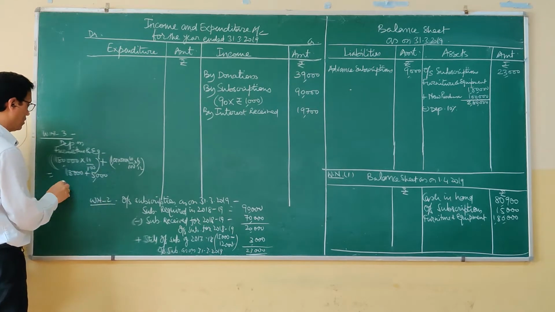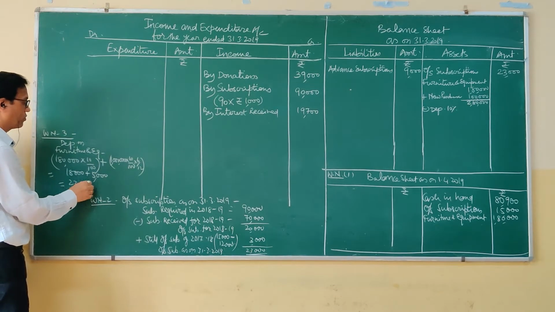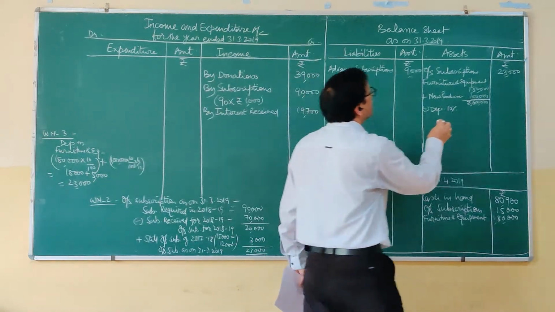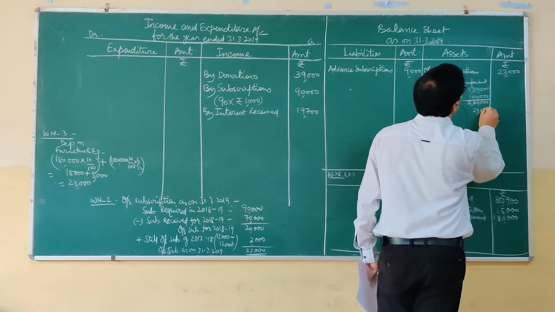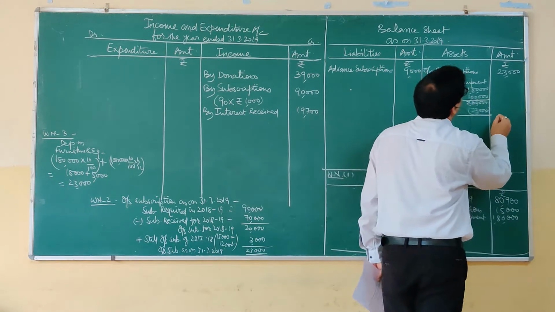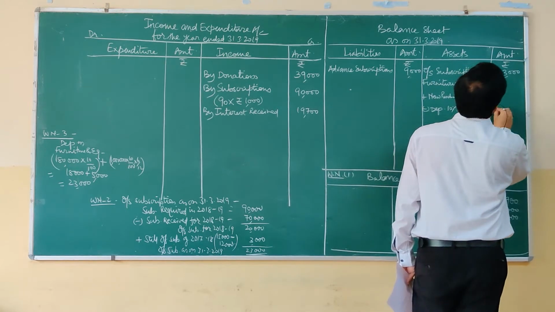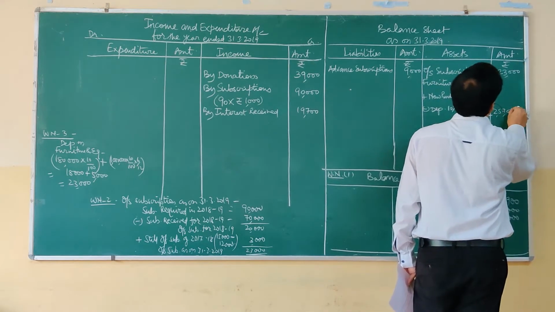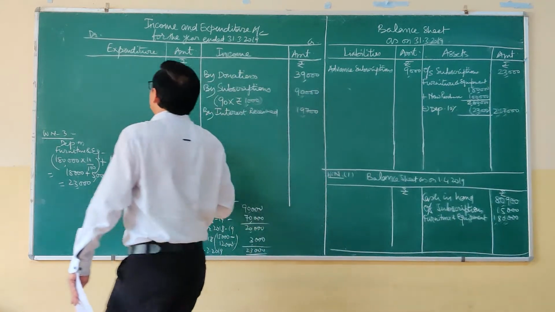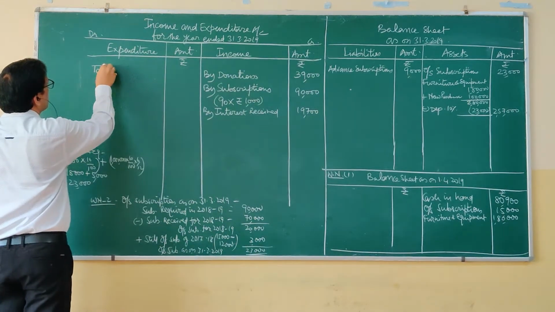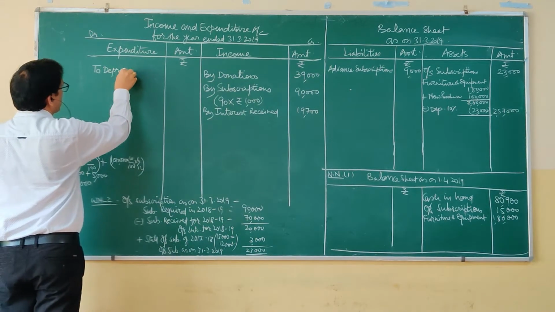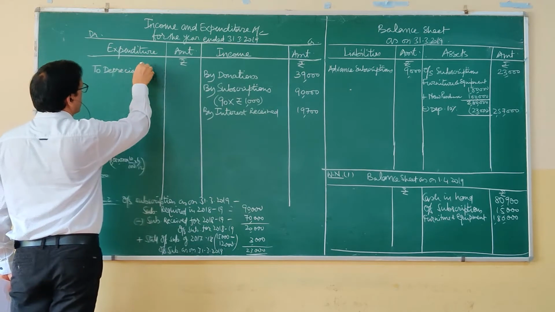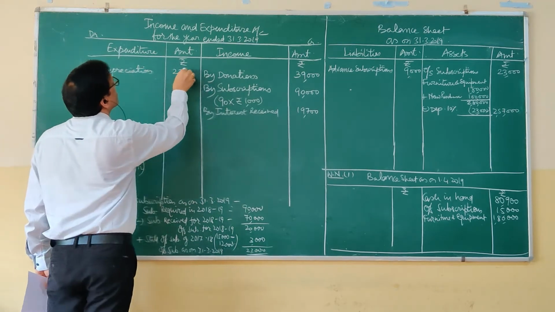So total 23,000 is the amount of depreciation. That we subtract from here, 23,000, and the final amount is 257,000. And this 23,000 will be taken on the debit side as depreciation on furniture and equipment, 23,000.